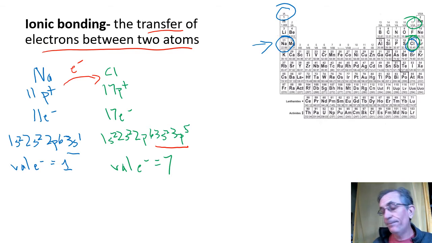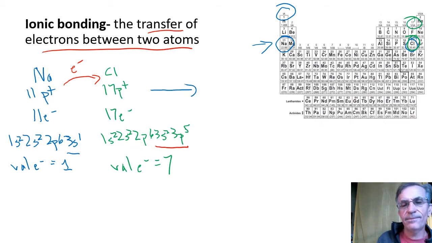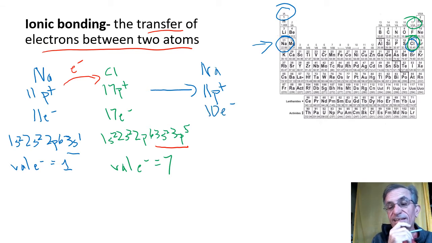When there's this transfer of electrons from one atom to another, let's talk about what we're going to make. Well, sodium, after this transfer, gives away an electron. Sodium would still have 11 protons, but now it would only have 10 electrons. It gave one away, didn't it?